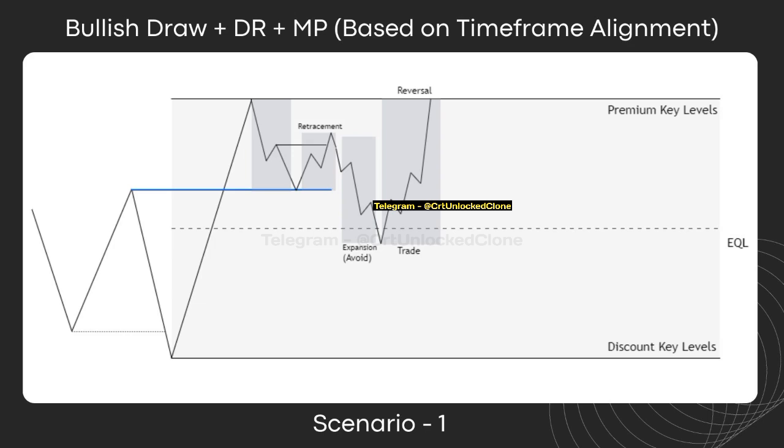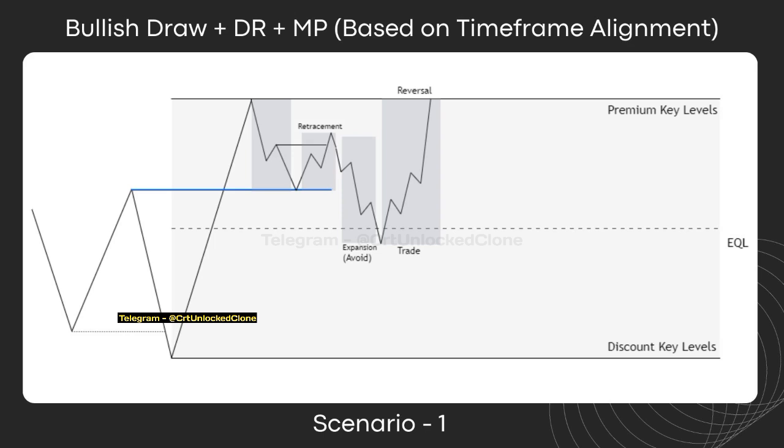When you see that price has offered this movement, you're going to regard that movement as a retracement instead of a reversal. The most likely scenario is for price to go over that retracement and expand lower again before it can move higher, because price has yet to test a discount key level. You should keep this in mind.